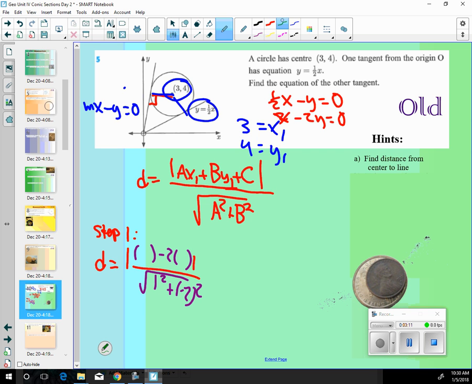And we're going to put in for x 3 and y 4. So this distance should be 3 minus 8 is negative 5, absolute value, over the square root of 5.